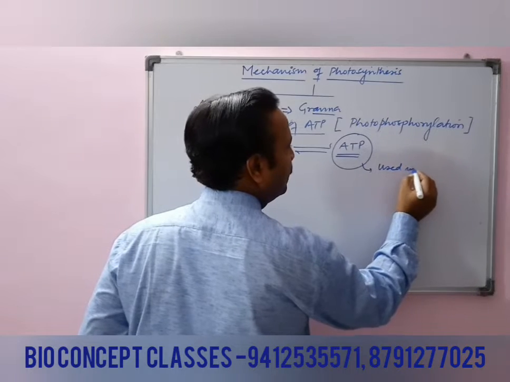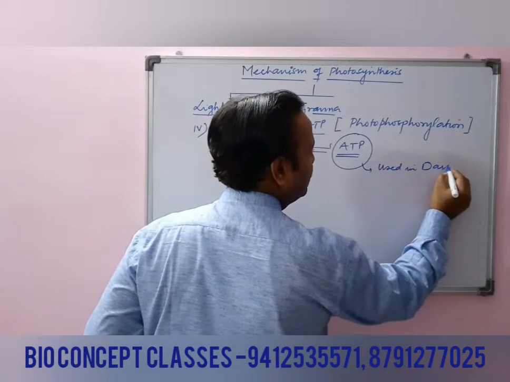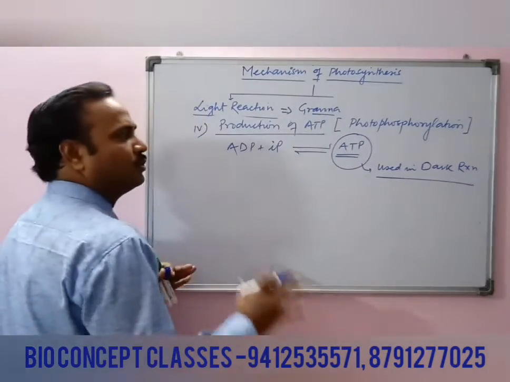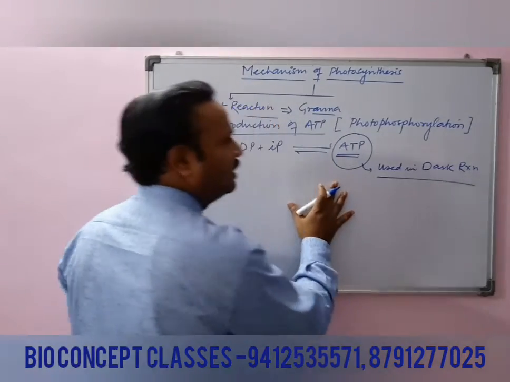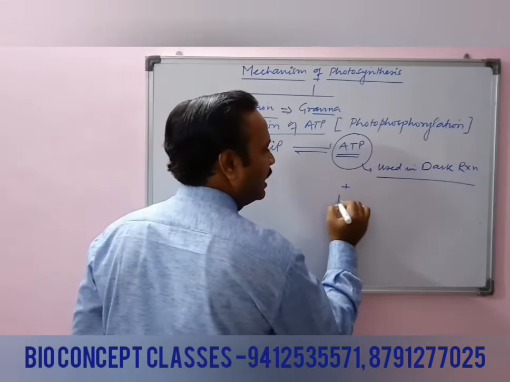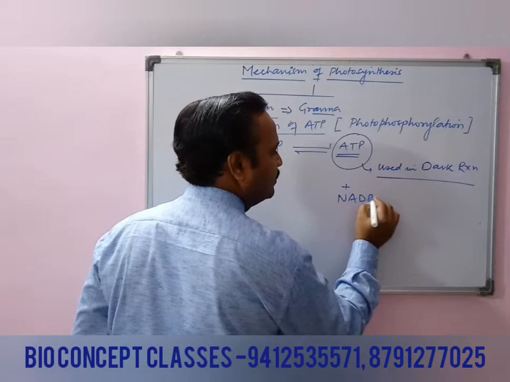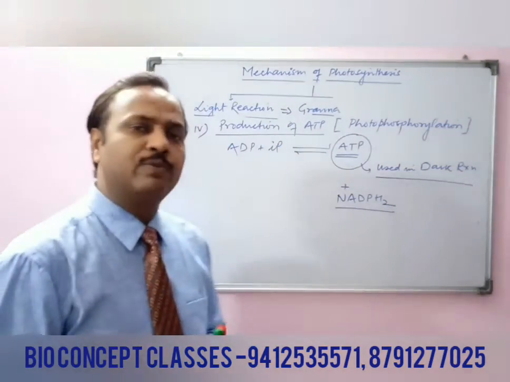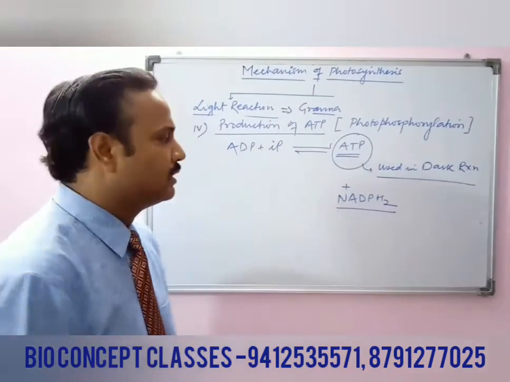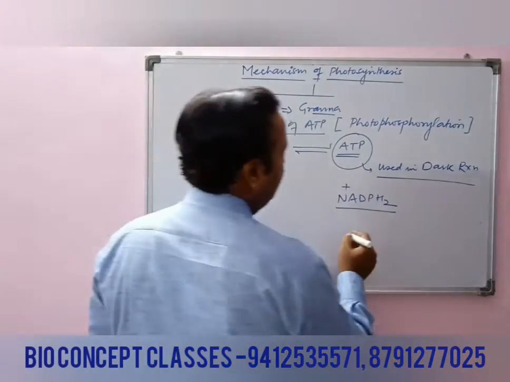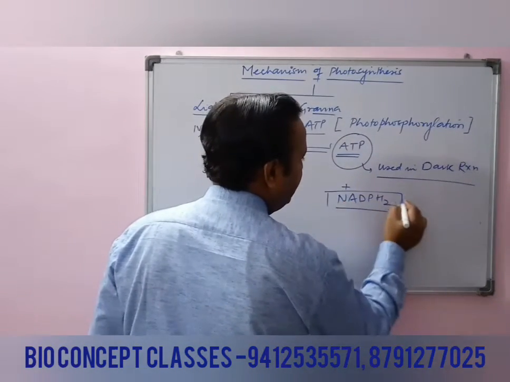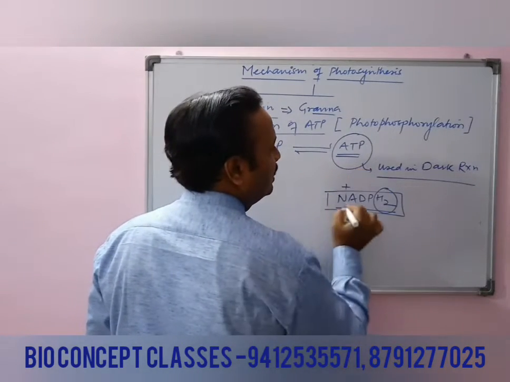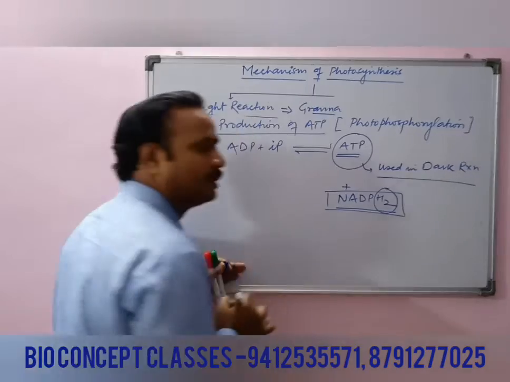used in dark reaction, right? So ATP as well as NADPH2, right? These two components are required for the dark reactions. तो NADPH2 जो है वो प्रोटॉन कैरियर है, ATP जो है वो आपका एनर्जी करेंसी है.